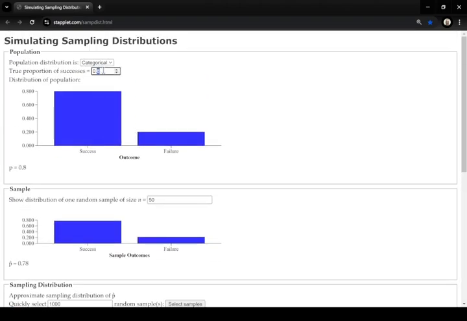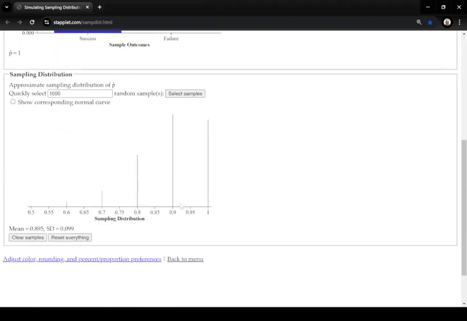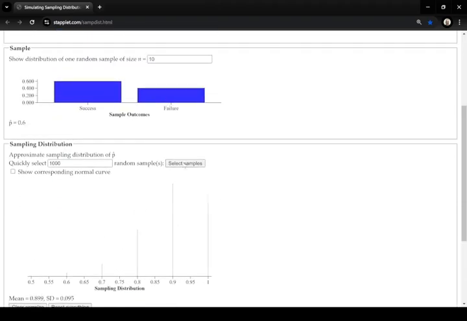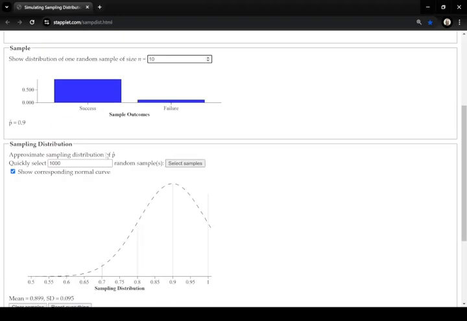So suppose we do 0.9 and I do a small sample. This is what we're trying to avoid. So with this proportion and this small sample, our distribution of the p-hats is definitely not normal, right? This is what we got, these vertical lines.